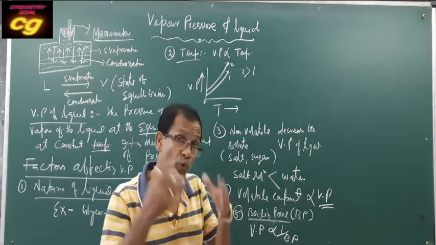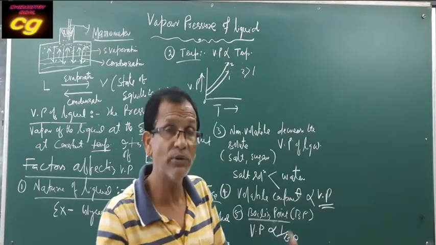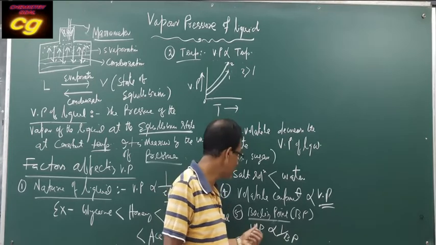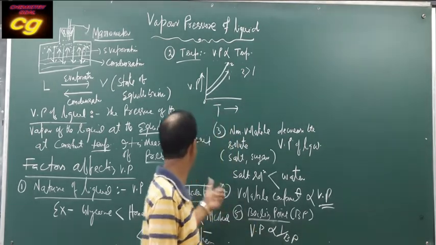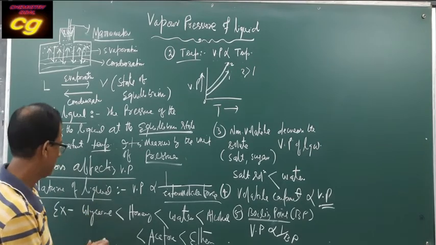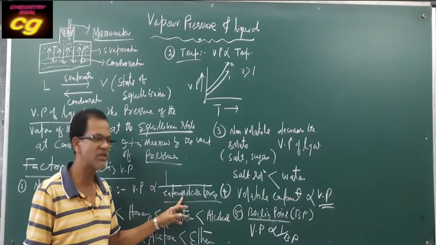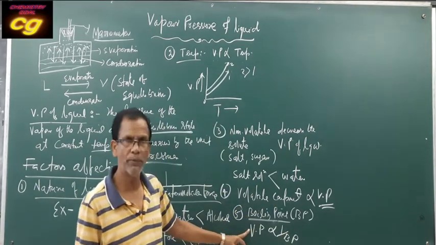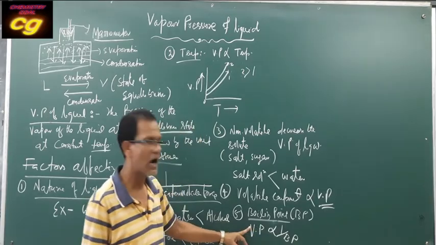Higher boiling point means more temperature is required to break the intermolecular force. If intermolecular force is high, then automatically vapor pressure is low. Already we discussed: high intermolecular force, low vapor pressure. Vapor pressure is inversely proportional to intermolecular force. So high boiling point, low vapor pressure. Low boiling point, high vapor pressure.